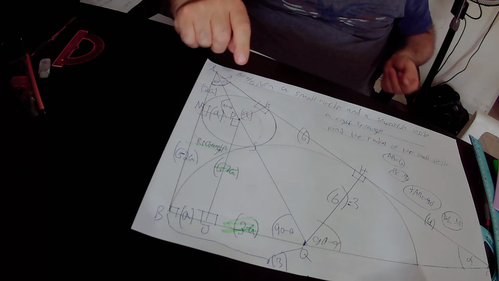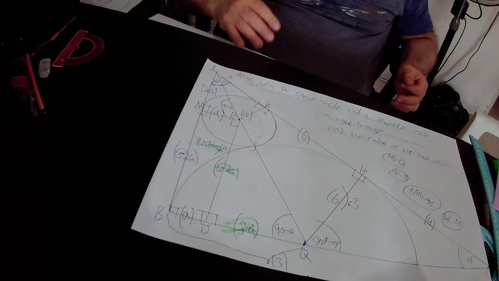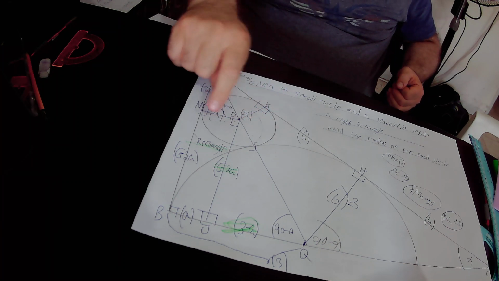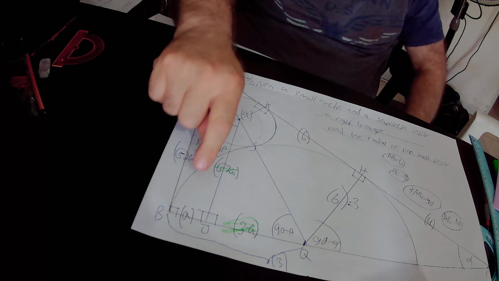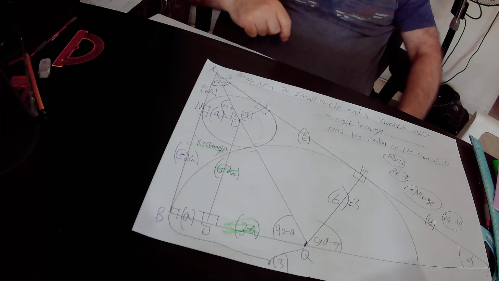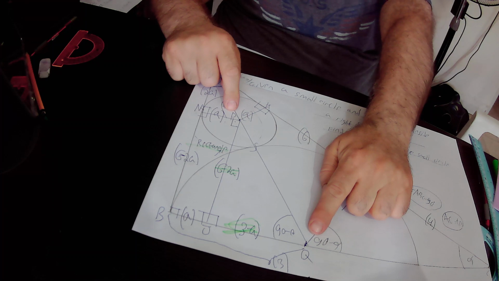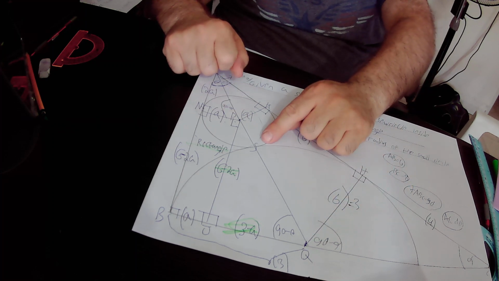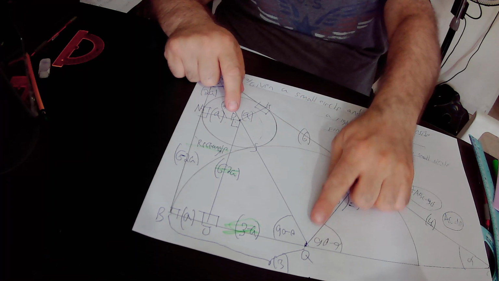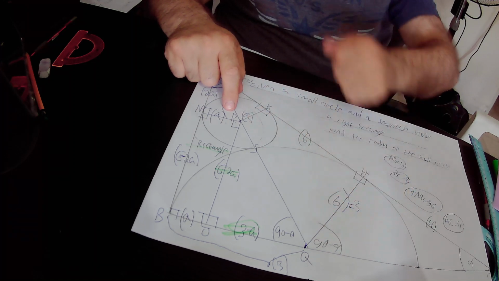That is to say, they are touching each other externally at point S. The center of this small circle is at point P. The center of this big semicircle is at point Q. The straight line that connects the centers together is of course the straight line PQ, and this straight line PQ must pass through point S, that is their touching point. Or PSQ is one straight line.